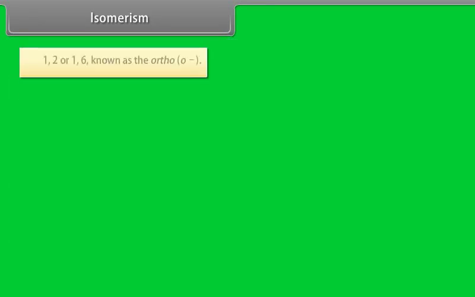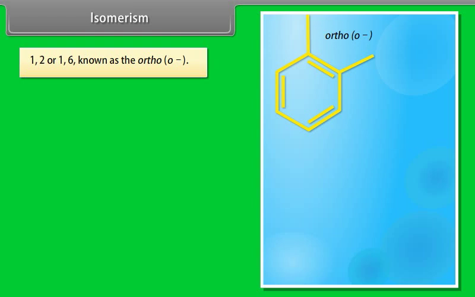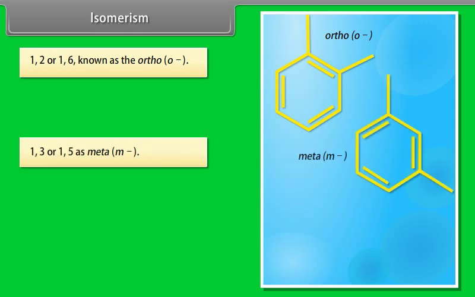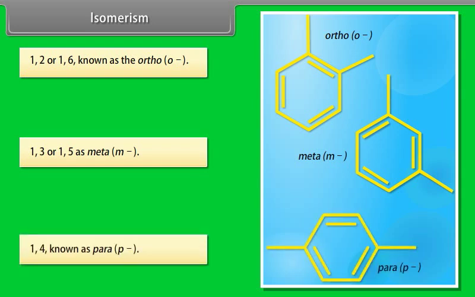First one is 1,2 or 1,6, known as ortho. Second one is 1,3 or 1,5, known as meta. And the third one is 1,4, known as para, disubstituted compounds.